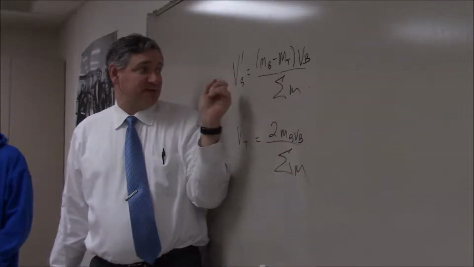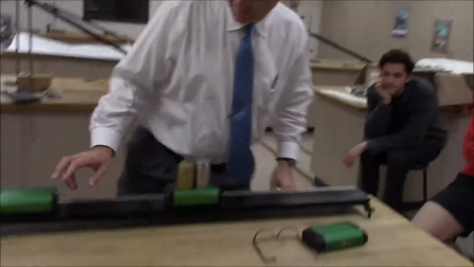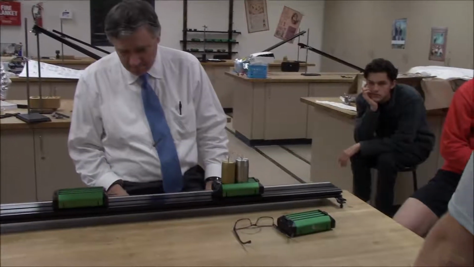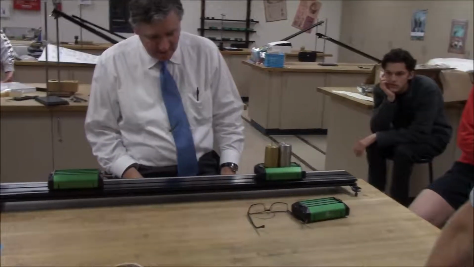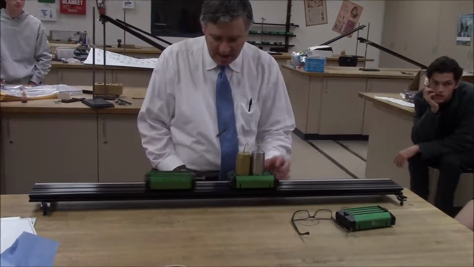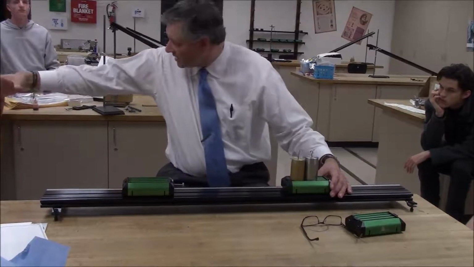Negative number, which means the bullet should bounce back. So it comes in, and it bounces back in the opposite direction. So there's no way, though, that after that, this could go in that direction.